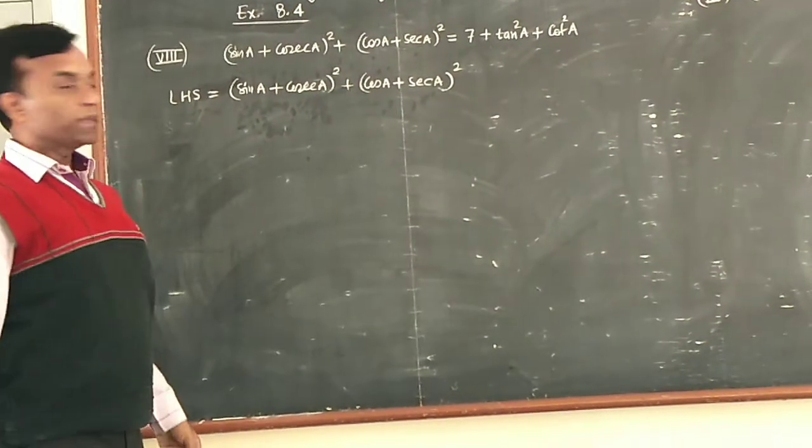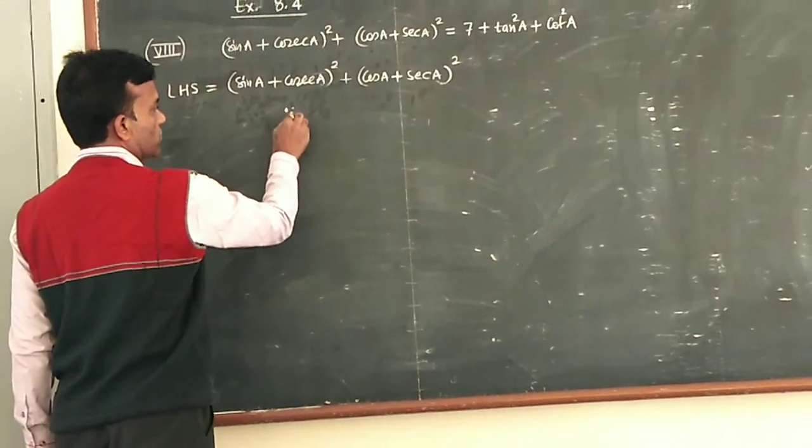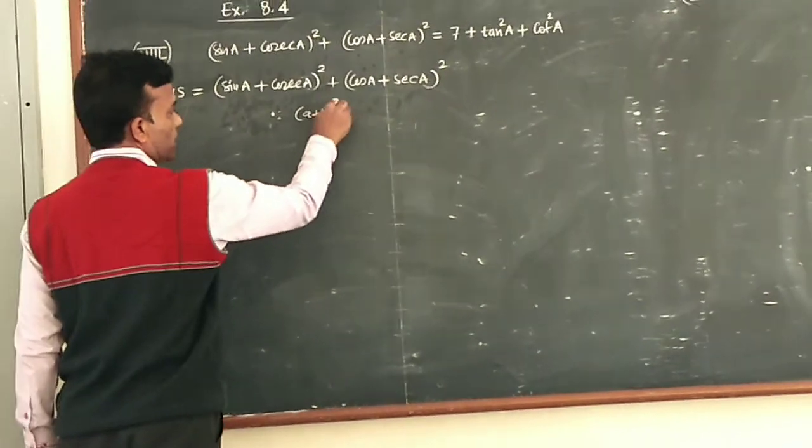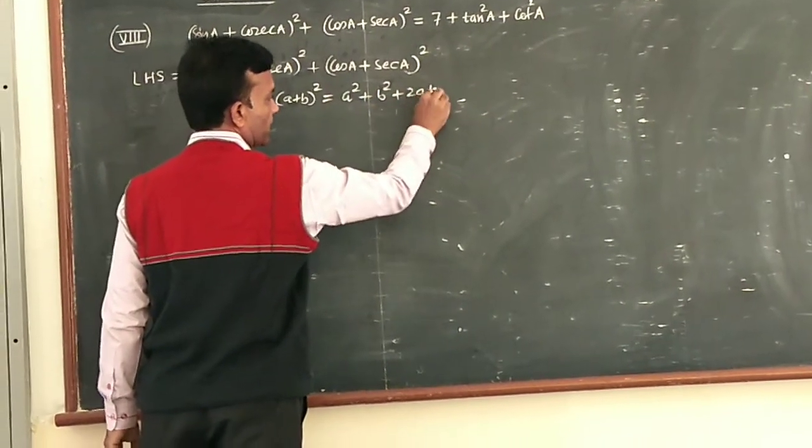Okay, so now here we open the bracket sin A plus cosec A whole square. So we use the identity a plus b whole square, which is a square plus b square plus 2ab.